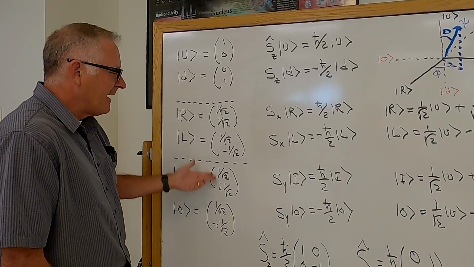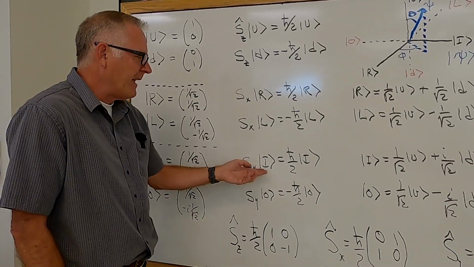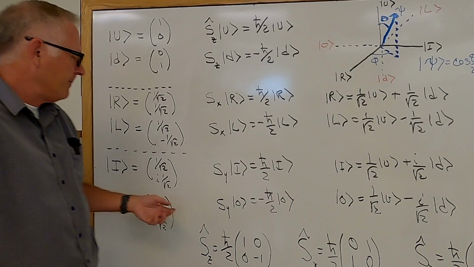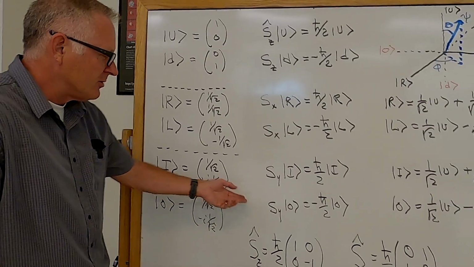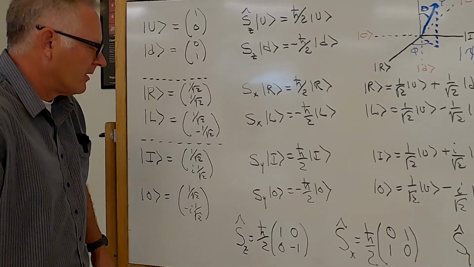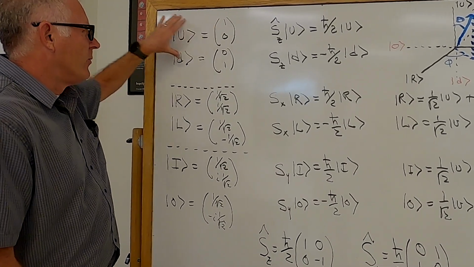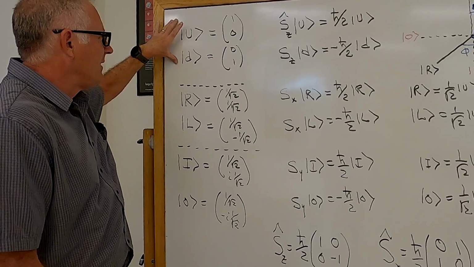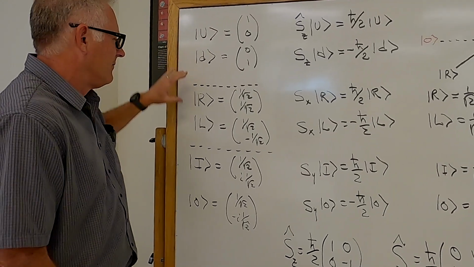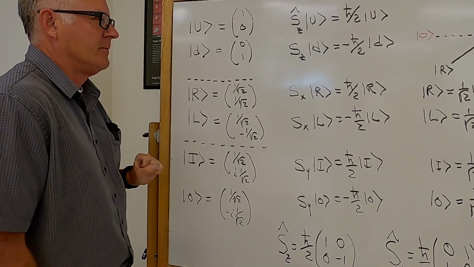Here were our in and out states. When we do SY on in, we got h bar over 2 in, and SY on out, we got minus h bar over 2 out. Remember, these are all orthonormal. When you dot them with themselves, you get 1. When you dot one with the other, you get 0. Same with these two, same with these two.